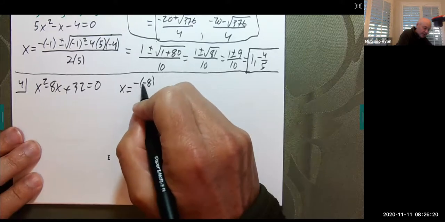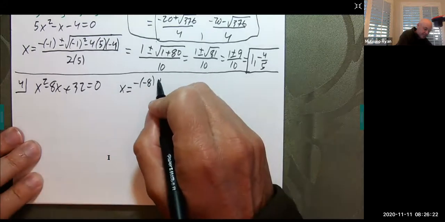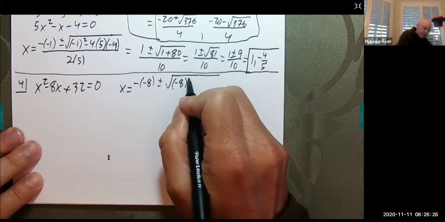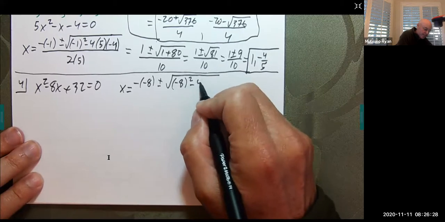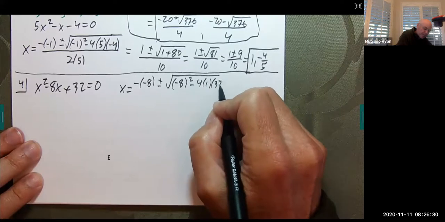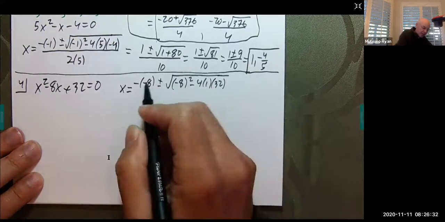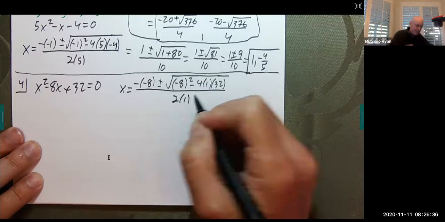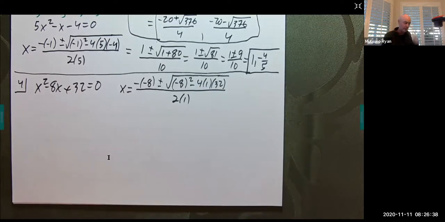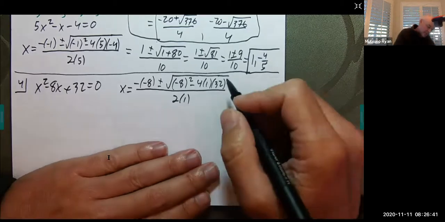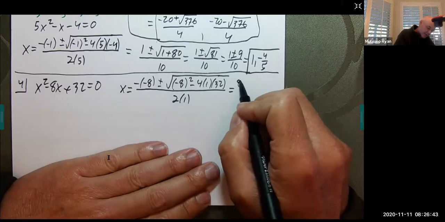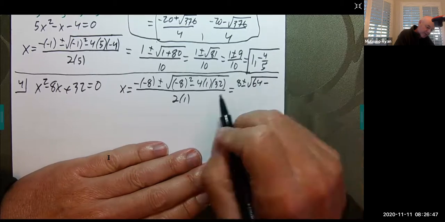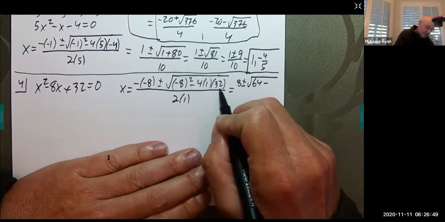Again, double negative, be careful. So I end up with 8 plus or minus the square root of 64 minus 4 times 32 is 128.